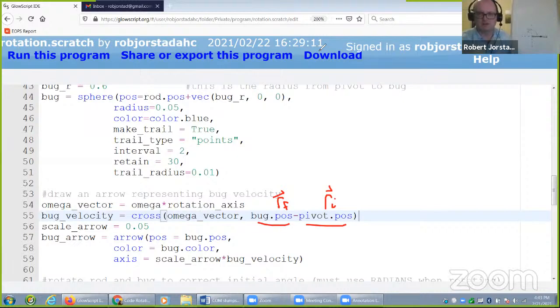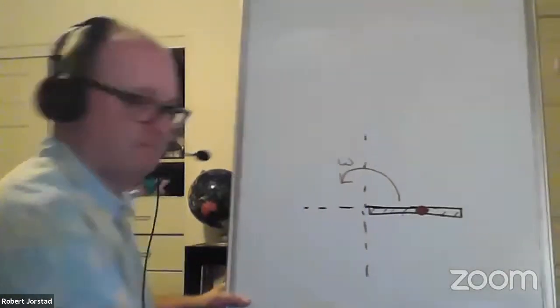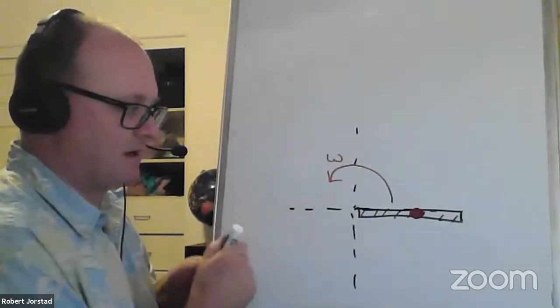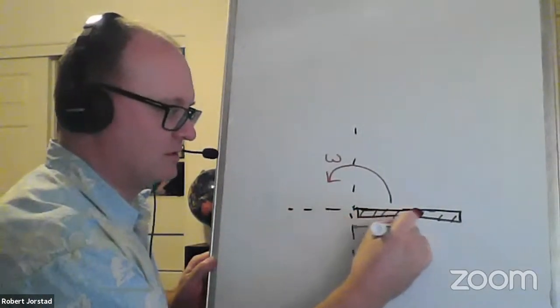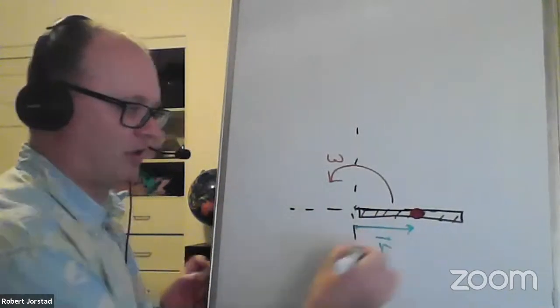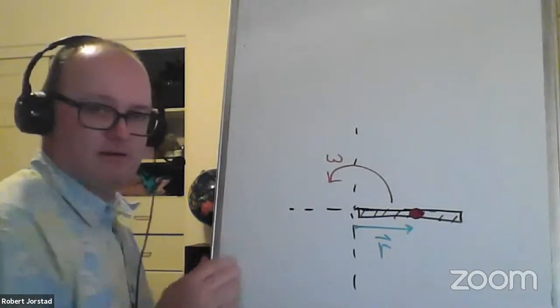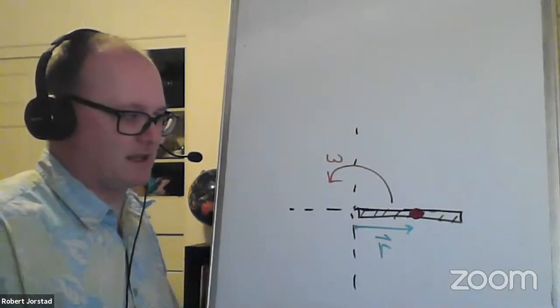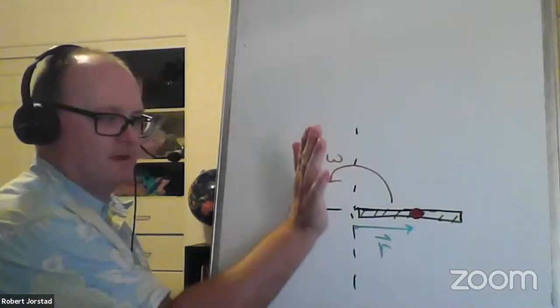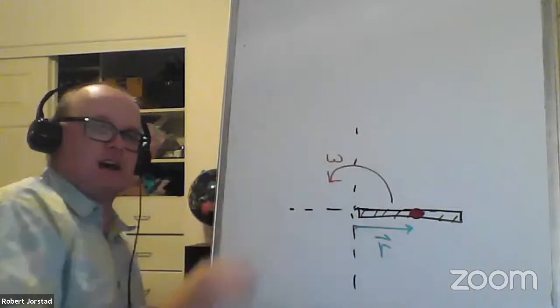All right. So going back to our whiteboard here. Well, this would be from the pivot to the point that we care about. And so if I just called that R with no subscripts for right now, omega is out of the page, cross R, notice that points up.